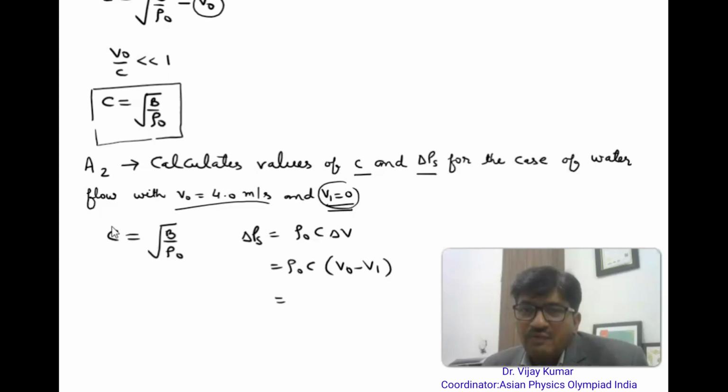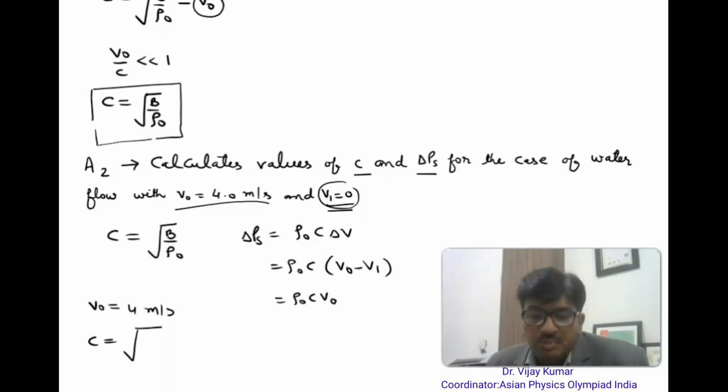So we can write this as rho naught C V naught. V naught is given 4 meter per second. So C becomes under root B upon rho naught. Putting the value of B and rho naught, it becomes 1.5 into 10 to the power 3 meter per second. This is the value of C.